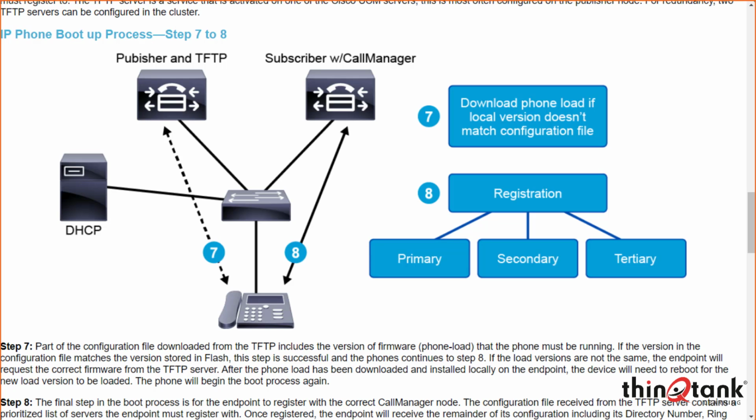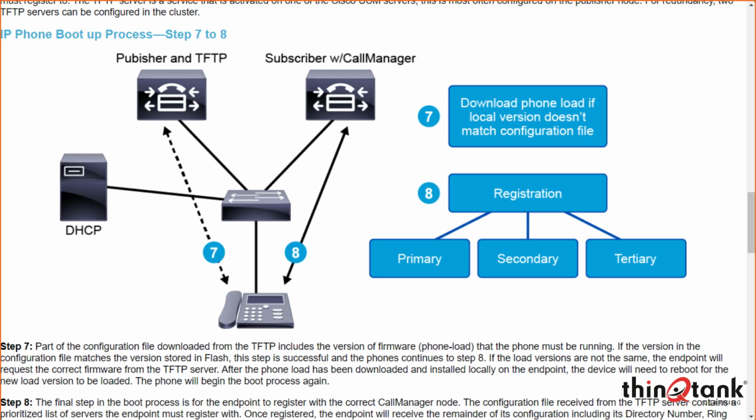Now we move into the registration process. The configuration file itself includes a prioritized list of Unified Communications Manager servers that are configured in something called a call manager group. And we can define up to 3 servers within that call manager group: a primary, a secondary, and a tertiary server.